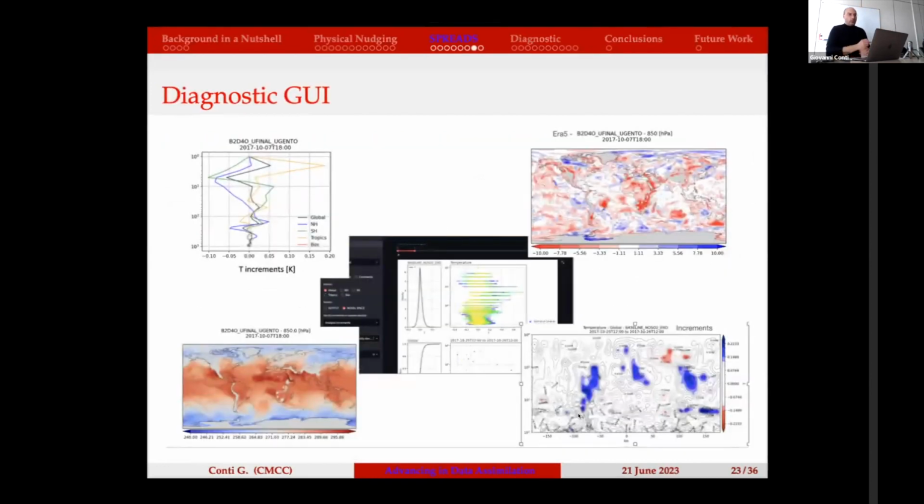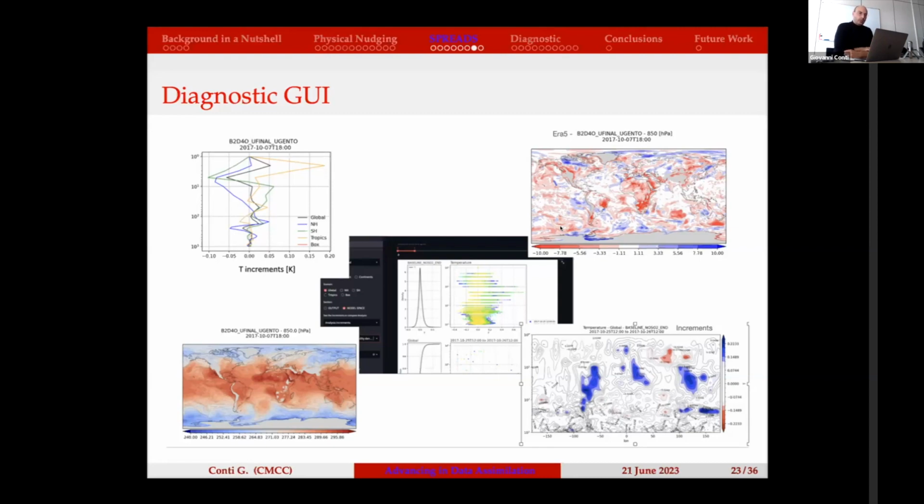Clearly, along all the simulation, we need to monitor the assimilation itself, the full fields, differences with other reanalyses, for example ERA5. We need to check and monitor the increments in different regions, how they behave along the assimilation cycles.